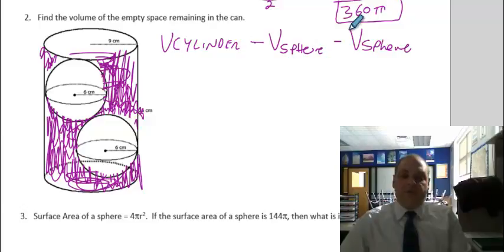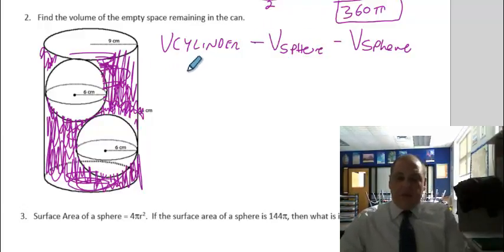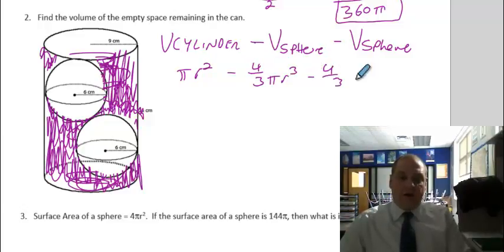Now, both of these balls are the same radius, so whatever this one is, it'll be the same thing. So I could just make it two of those if I wanted to. It's going to be pi r squared h minus 4/3 pi r cubed minus 4/3 pi r cubed again. So this is going to be pi times the radius 9 squared, the height is 26.